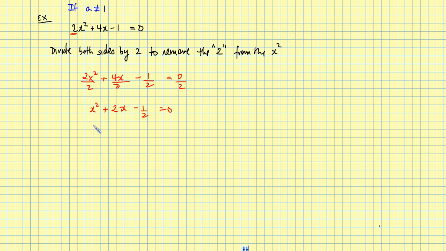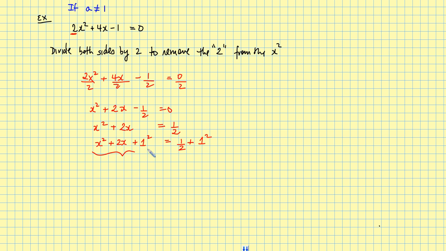So I would say, are there two numbers that multiplied together give me negative 1/2 and added give me positive 2? No, there aren't. So I say x squared plus 2x equals 1/2. x squared plus 2x, and then it's plus 1 squared equals 1/2 plus 1 squared.